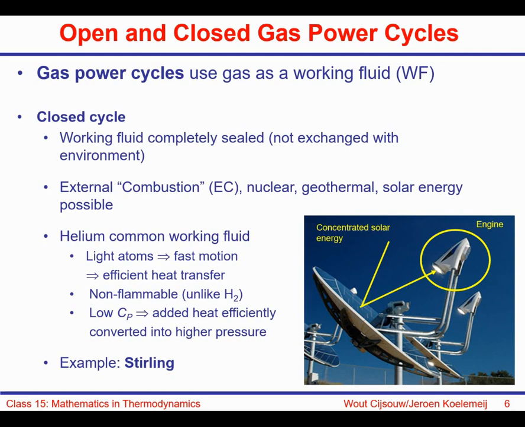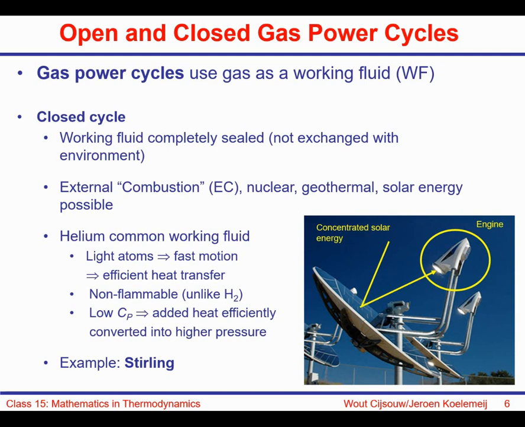In such closed cycle systems, people like to use helium as a working fluid because helium atoms are light, and for that reason they move very fast at a certain temperature. And if they move fast, you can have efficient heat transfer. You can have the same thing with hydrogen, which is even faster because it's even lighter than helium. But hydrogen can be tricky.